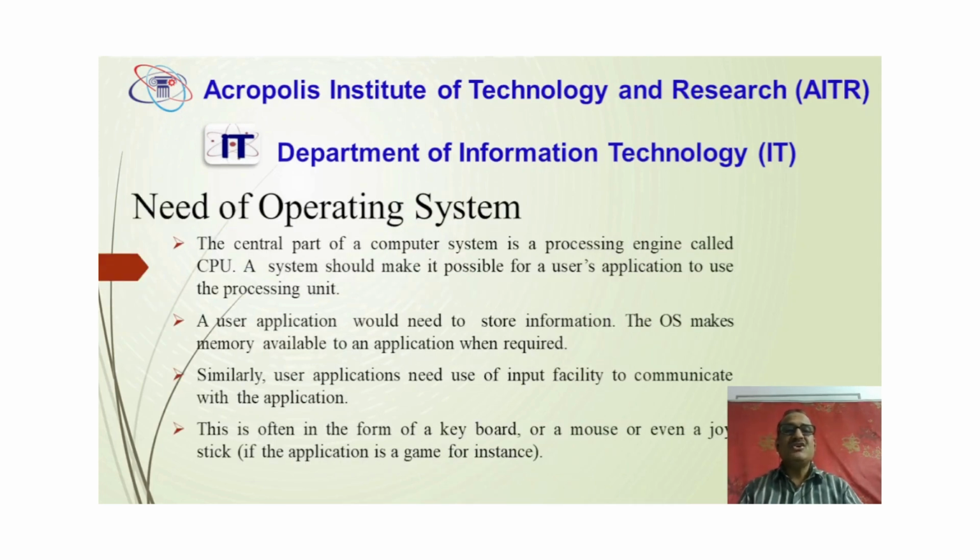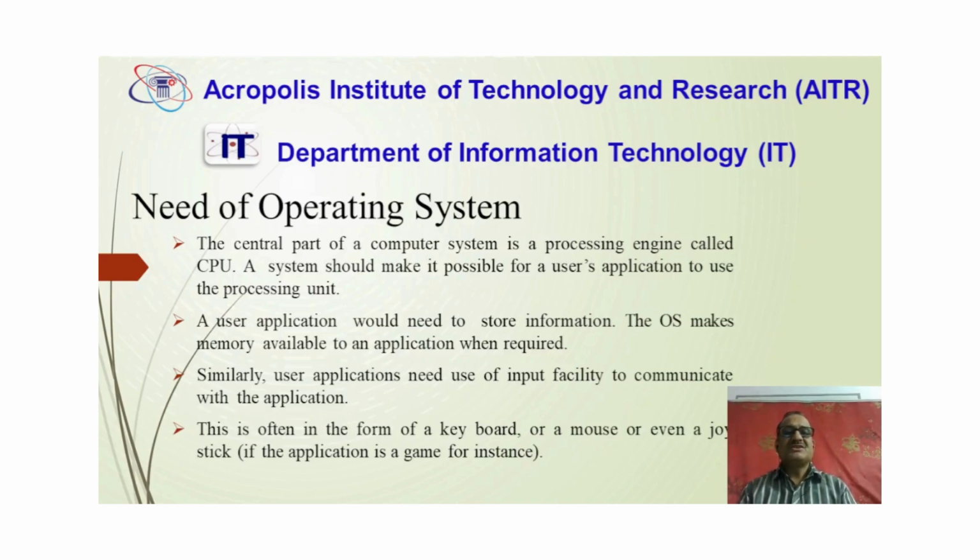Now, what is the need of operating system? So, as we know, the central part of a computer system is a processing engine, which is known as CPU. A system should make it possible for a user's application to use the processing unit.